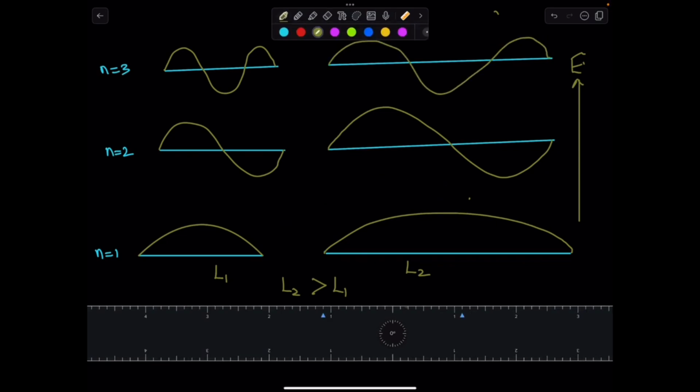So we can see that as the length of the conjugated system increases, the wavelength is increasing and the frequency is decreasing.